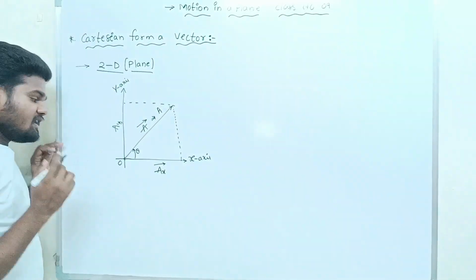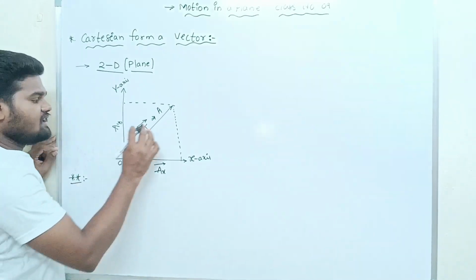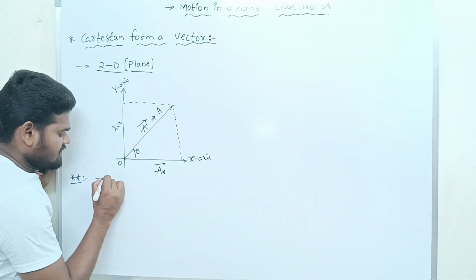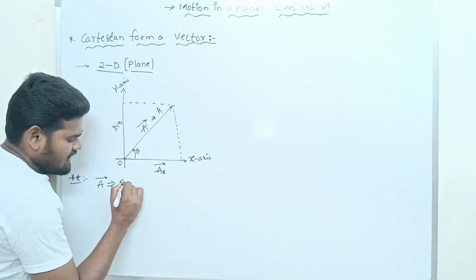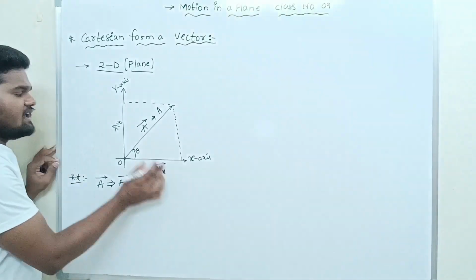Is it clear? Now I want to write the equation for vector a bar. A bar is equal to ax bar plus ay bar.